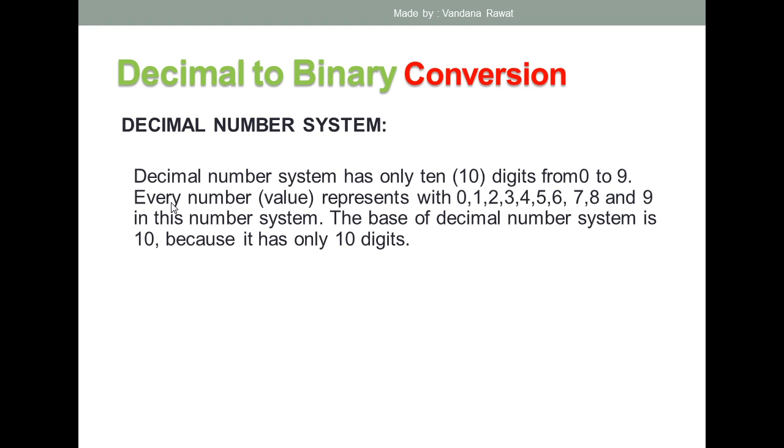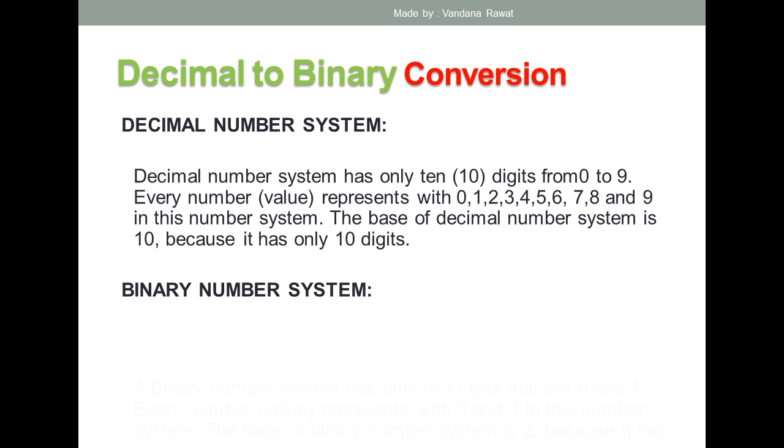In the decimal number system, every number is represented using 0, 1, 2, 3, 4, 5, 6, 7, 8, 9. So the base of the decimal number system is 10 because it has only 10 digits.